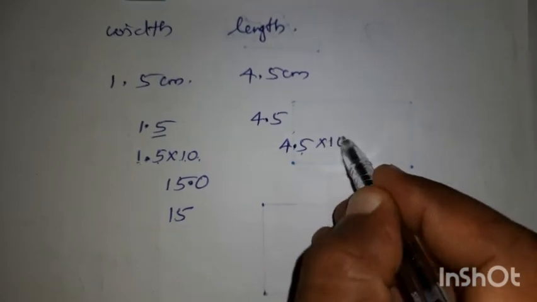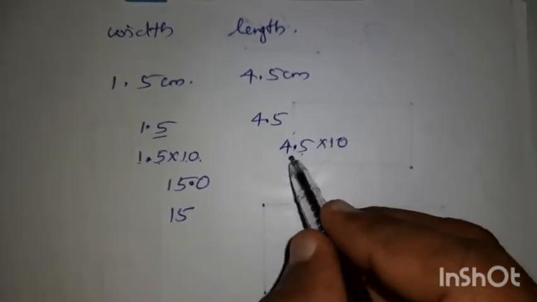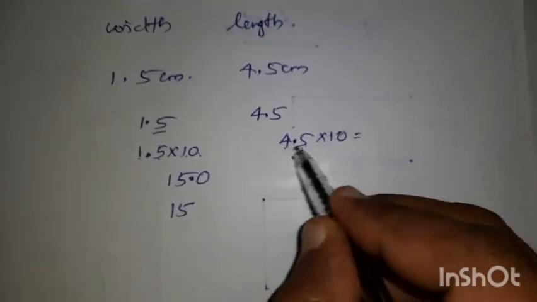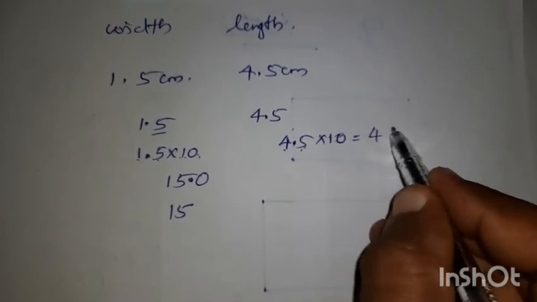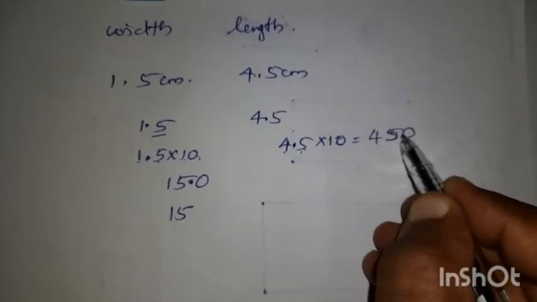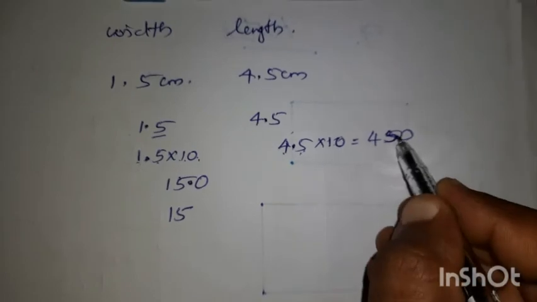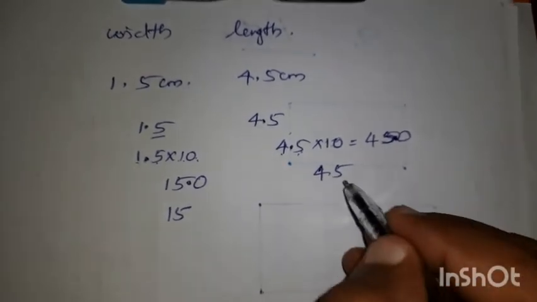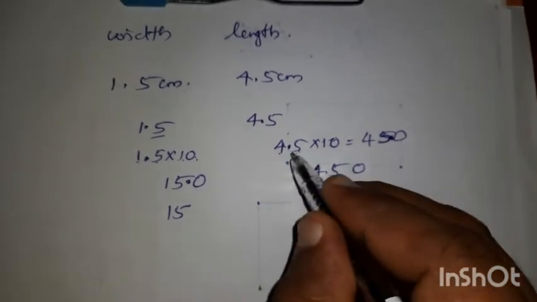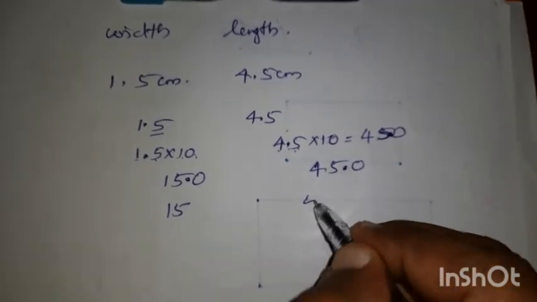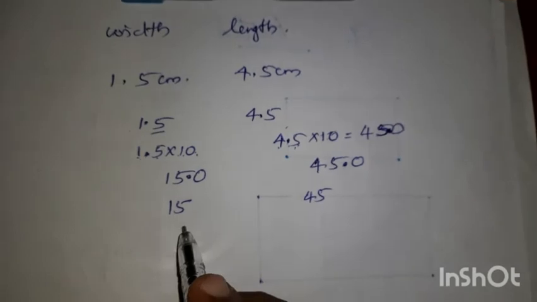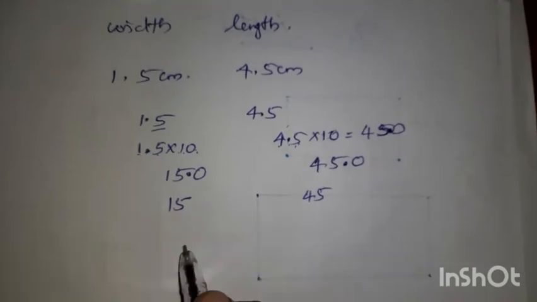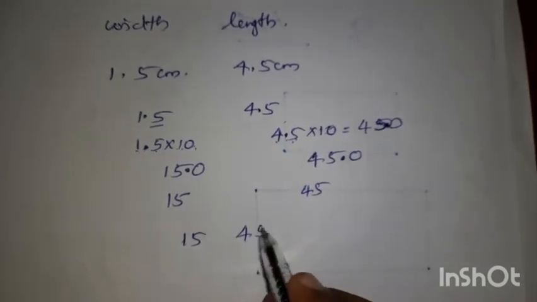Multiply by 10. 45 into 10 is 450. Then with 1 decimal place, we get 45. So you got the natural numbers 15 and 45.